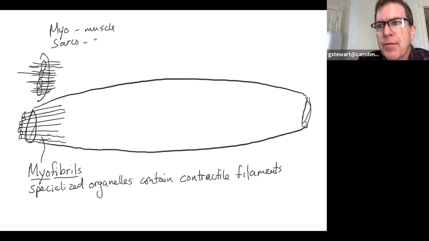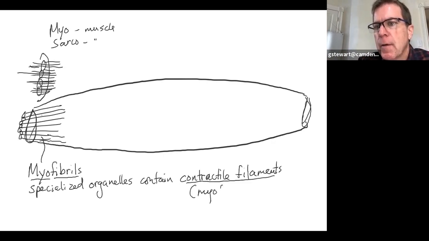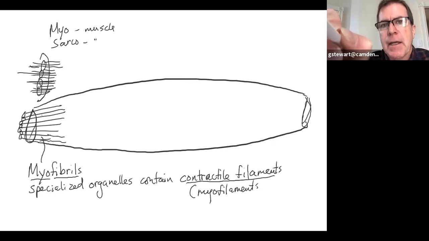Contractile filaments are also called myofilaments, and it's these tiny threads that I'm drawing right now that actually do the contracting process.